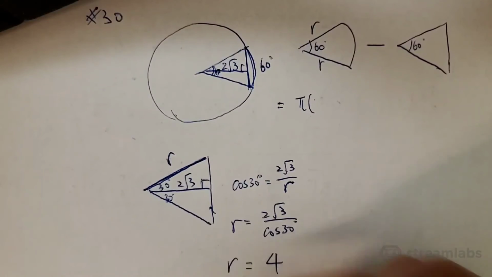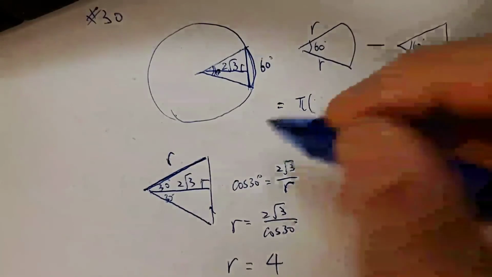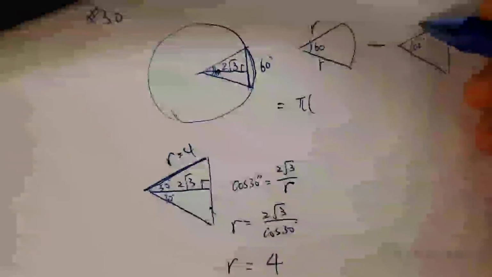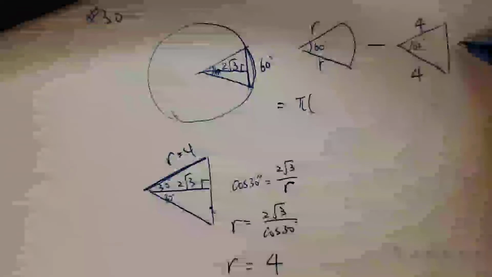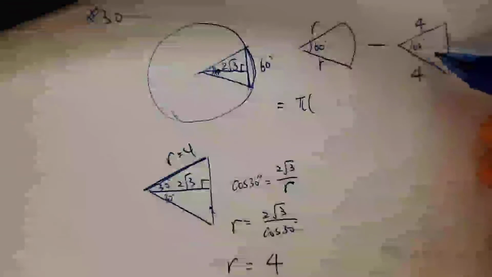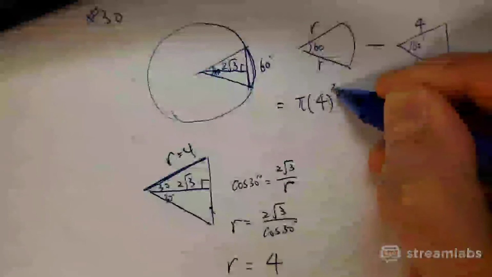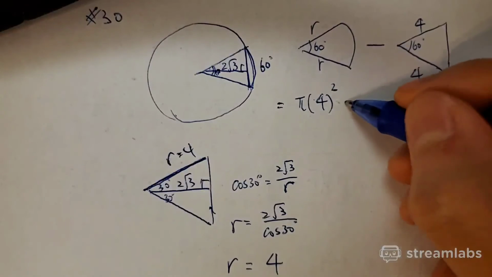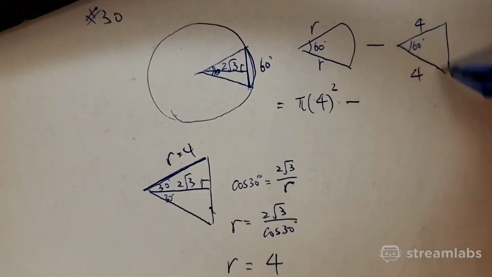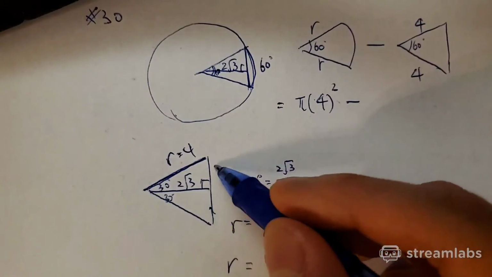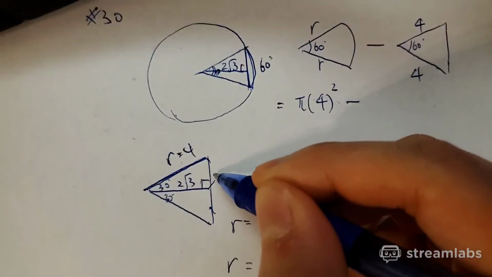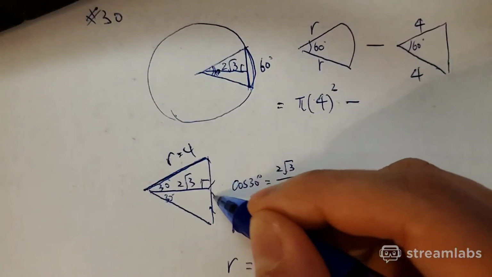R is 4. That allows me to do all the things I want now, like finding pi r squared with 4 squared, minus the area of the triangle. I need to find the area here first, so I need to find the base.